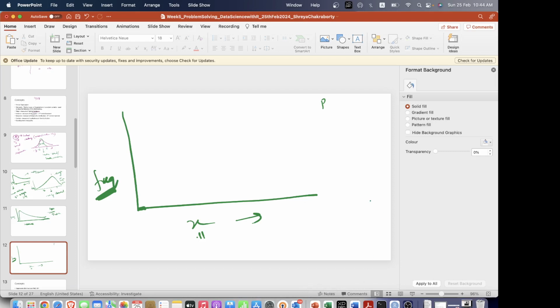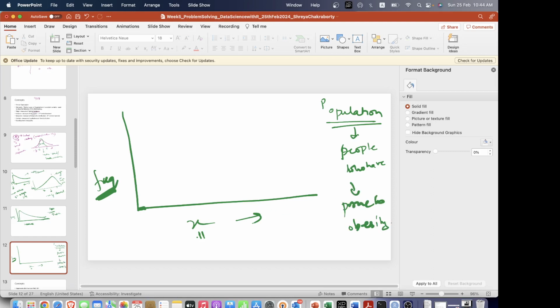Let's say my population consists of people whose lifestyle is such that they are more prone to obesity.